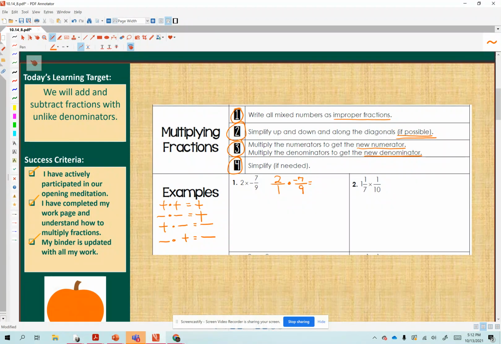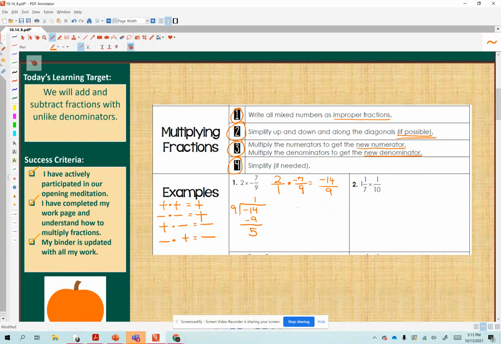So we simply multiply the numerators. 2 times negative 7 is negative 14. 1 times 9 is 9. So far we have negative 14 over 9, but we can simplify that. If we divide 14 by 9, we will have a remainder of 5.